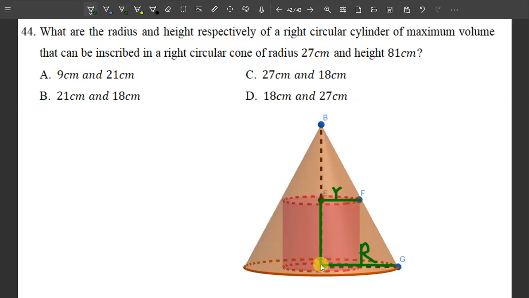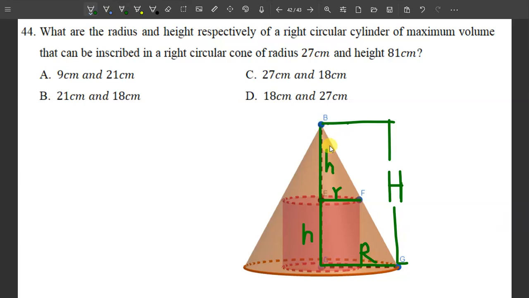Let the height of the cylinder between these two points be small h, whereas the height of the cone is given already. Let us call the height of the cone capital H, and assume the height between the top base of the cylinder and the vertex of the cone is H prime.